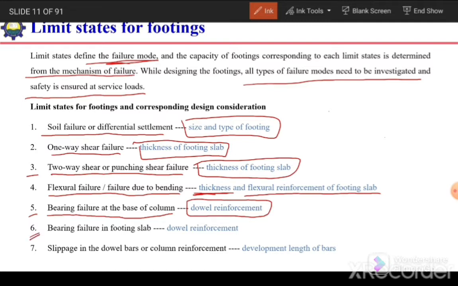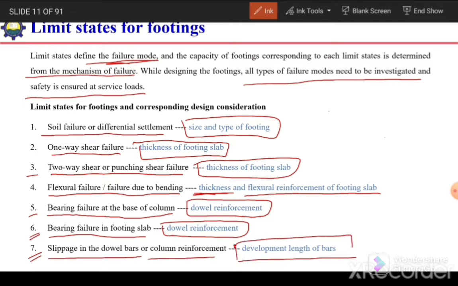The sixth type of possible failure is bearing failure in the footing slab. This can be overcome by providing dowel reinforcement. And the seventh type of possible failure is slippage in the dowel bars or column reinforcement. To avoid the slippage, we need to provide the minimum development length.